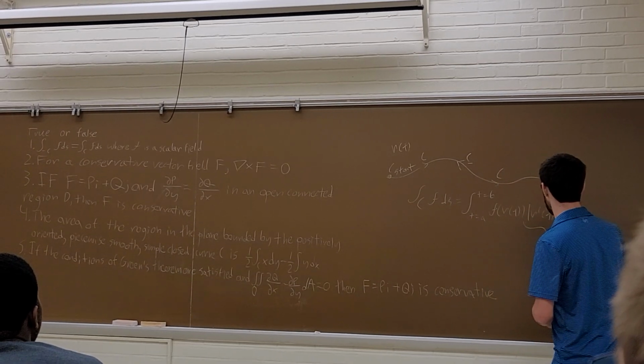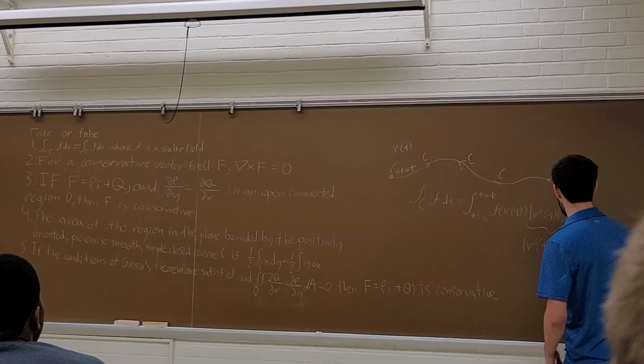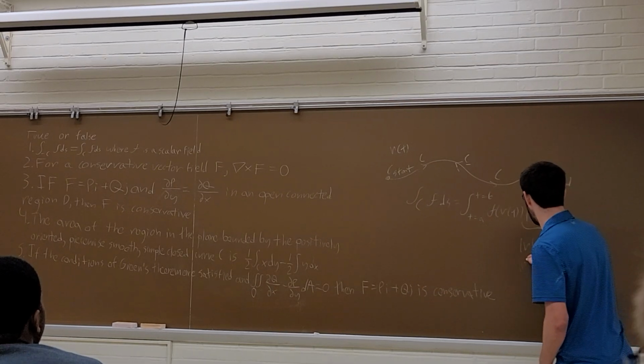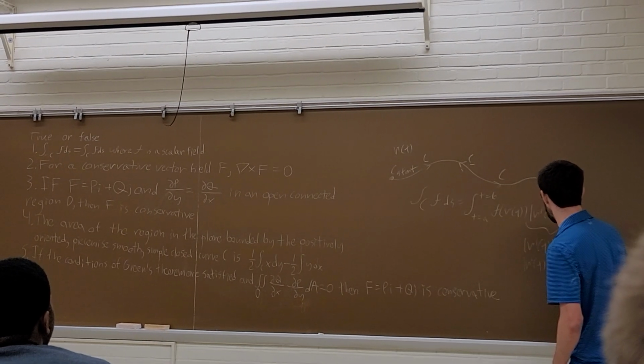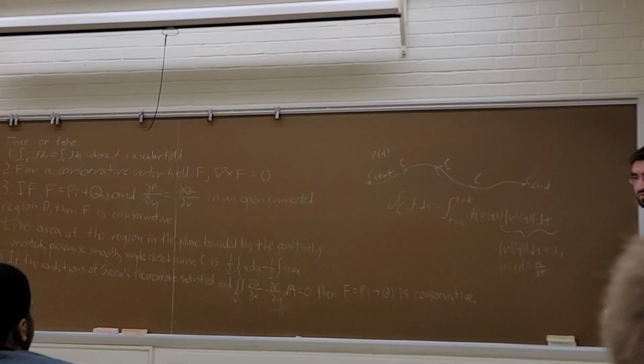Because we have that length of r prime of t dt is just equal to ds, because if you were to divide both sides by dt, you get the length of r prime of t is equal to ds over dt, which is something that we had talked about in class.